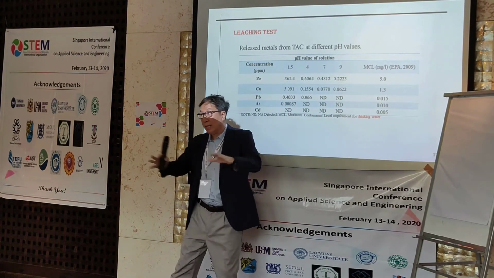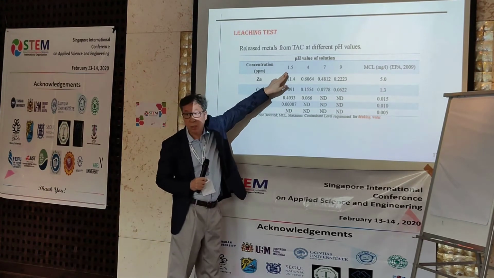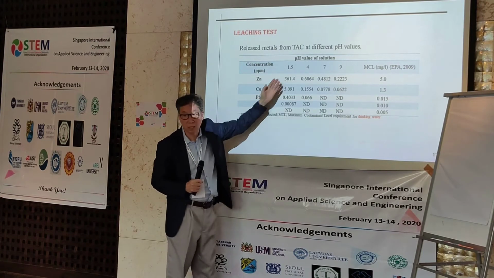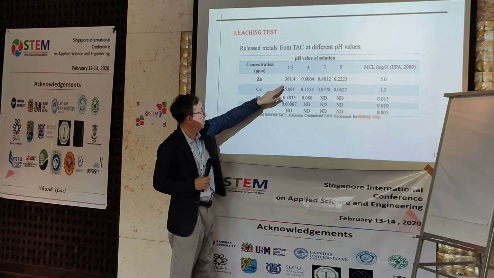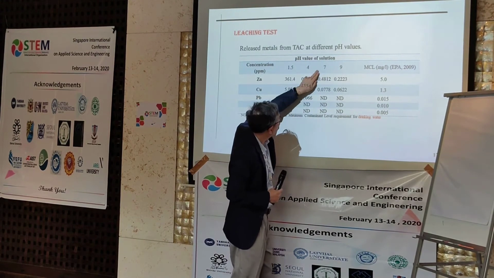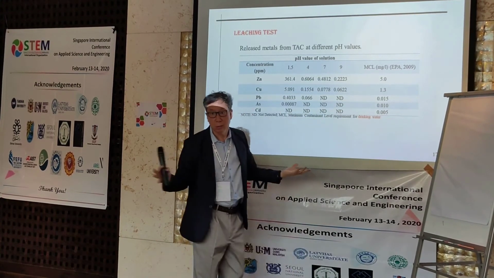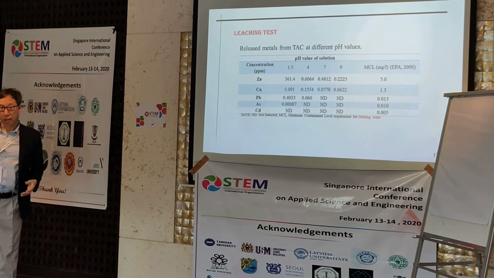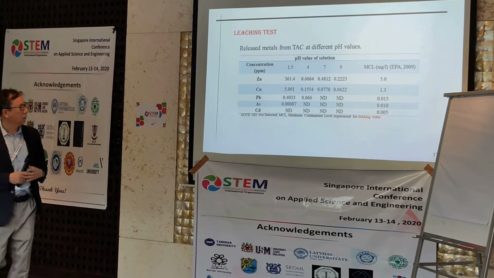But in the natural condition, we never see pH 1.5 in nature. In nature, this is just the possibility to detach and wash. So normally we just focus on this, and we see that all these numbers are much smaller than this one. So I think we can safely use them in nature, in application in the field. Next.